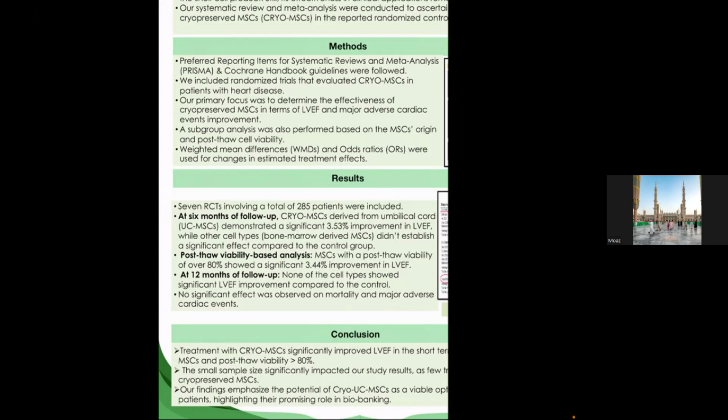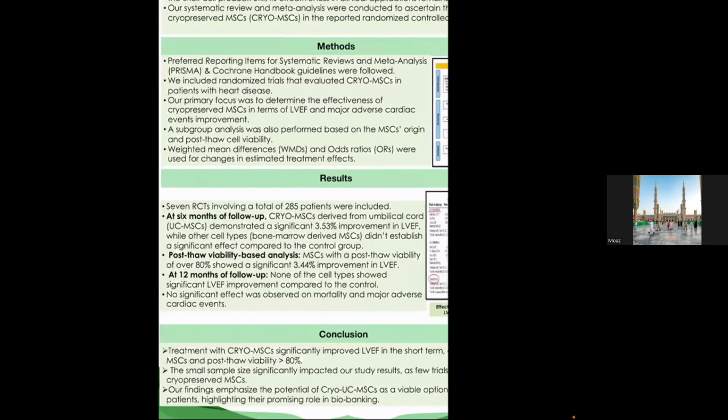When assessing mortality and major adverse cardiac events, we did not find any significant effect with cryopreserved mesenchymal stem cells.